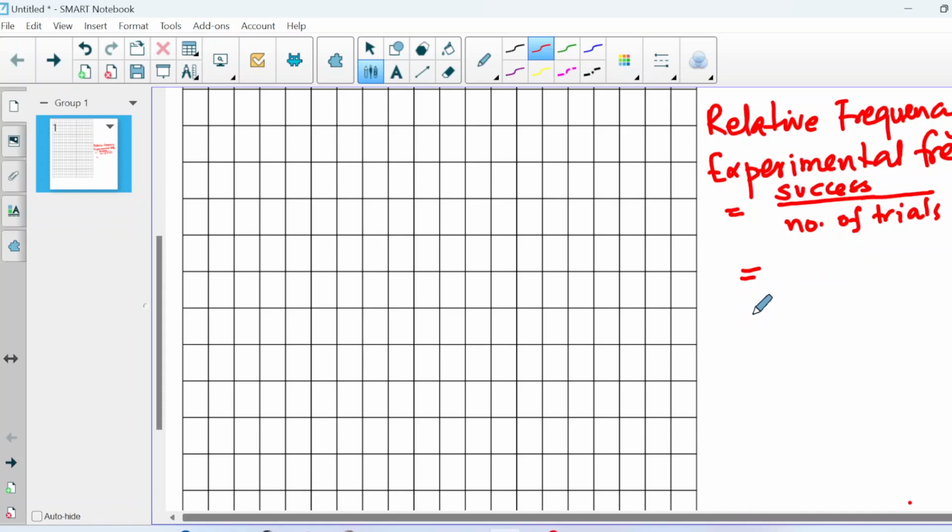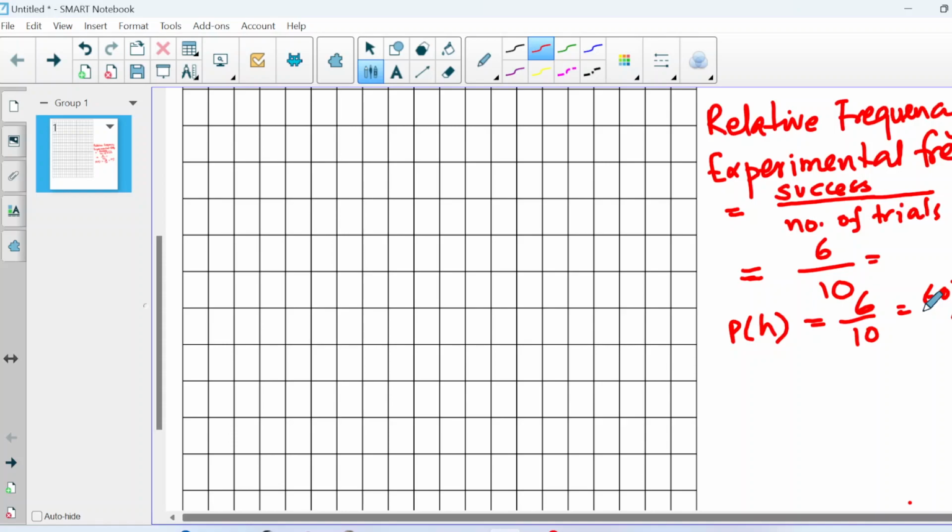For example, you flip a coin and do a total of 10 trials. 10 times you flip the coin and 6 times you get the head. So the probability of getting head with this coin is 6 out of 10, or 60%. So the experimental probability or relative frequency is like this.